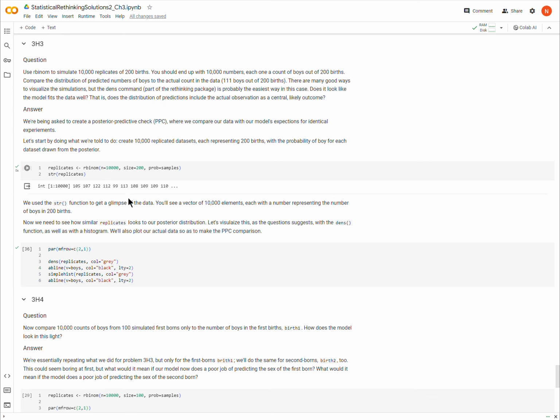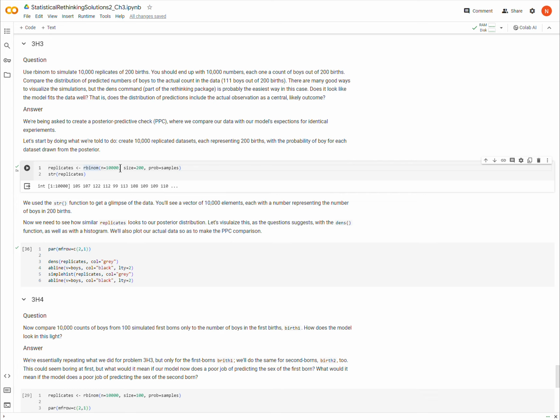And so the way that we're going to do that, I'm creating this object here that's called replicates. Be careful because there is a command in R called replicate, which is just without the S there. So we're going to simulate from a binomial distribution. R means random, so we're going to randomly generate binomial samples.